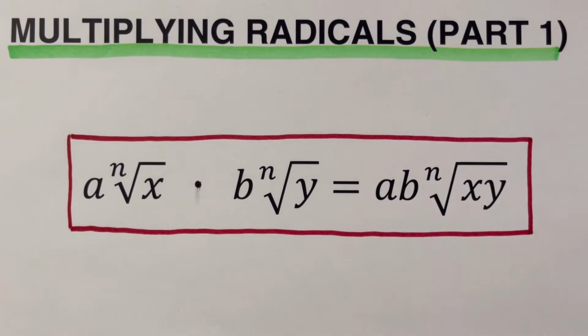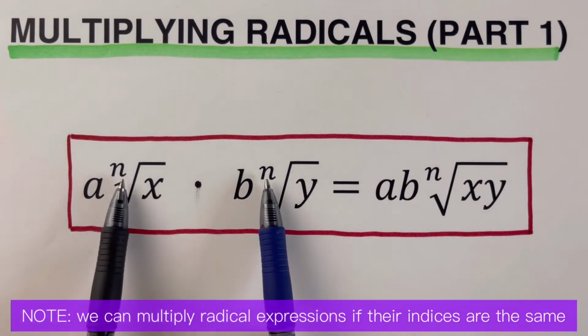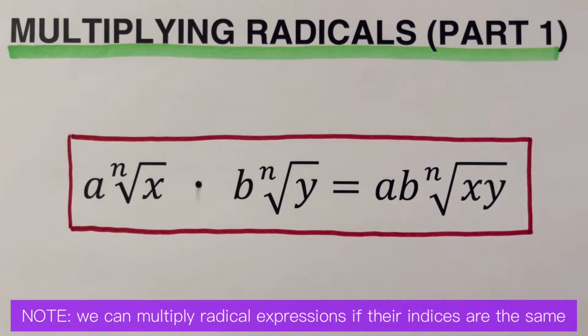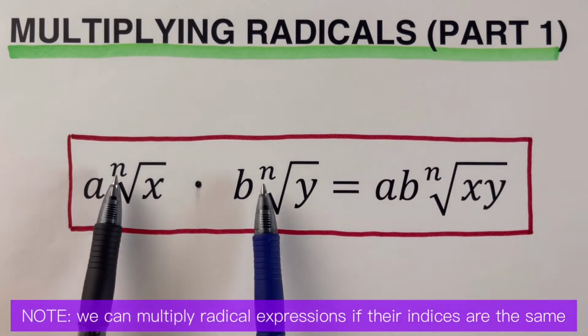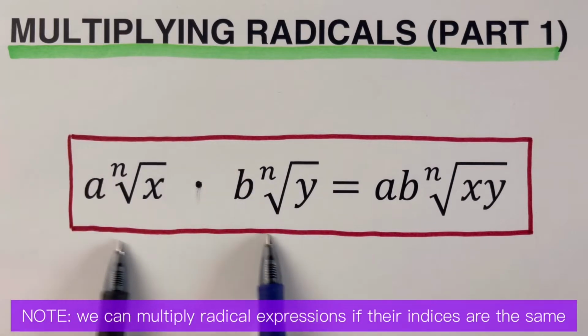Okay, going back to the general rule right here, we remember that we can only multiply radical expressions if their indices are the same. If their indices are not the same, then we cannot multiply them. In this case, since both indices are labeled n, they're the same, so we can multiply these two together.